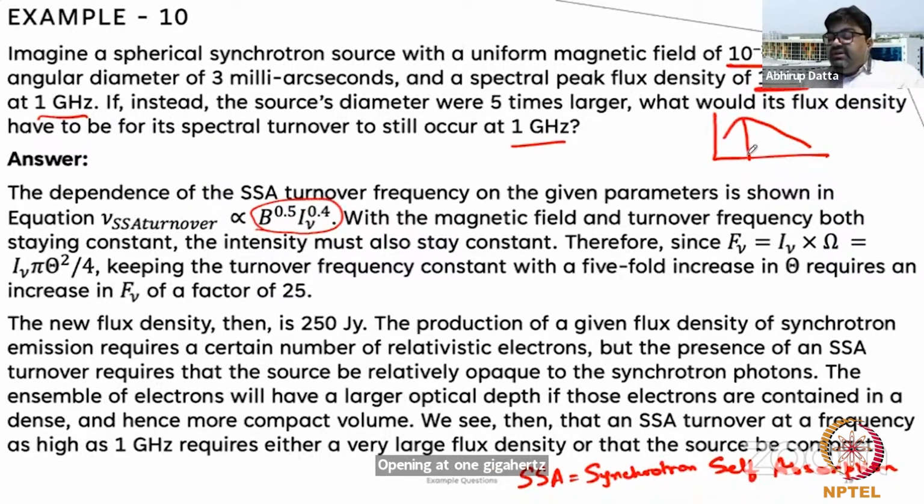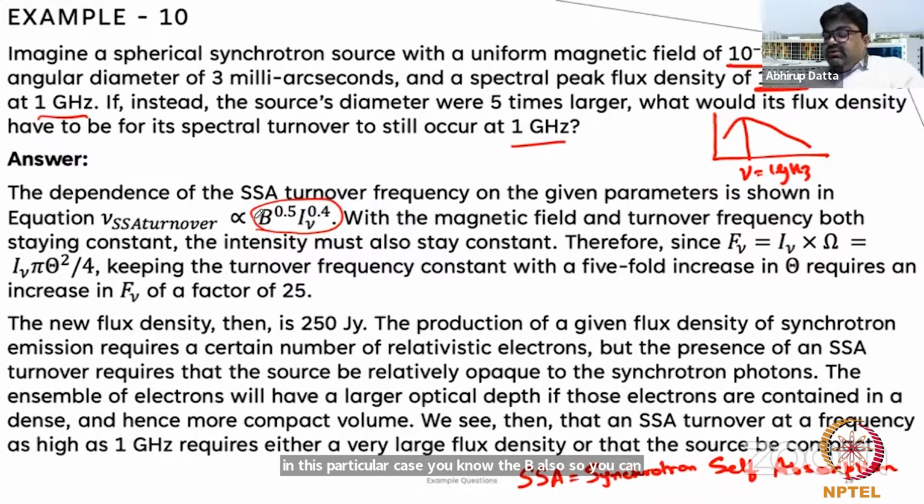So you have the turnover, the peak occurring at 1 gigahertz. So this frequency is 1 gigahertz. And you know the peak flux value, so you know the I nu. In this particular case, you know the B also, so you can put all of them together.